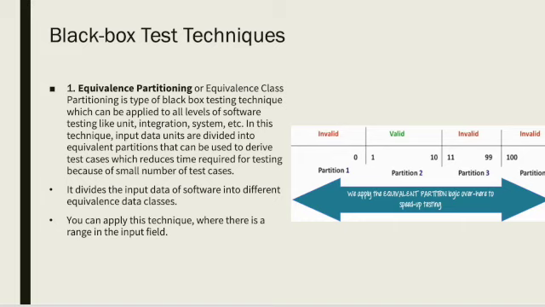You're partitioning your test case, particular test case, in such a way that you try to get valid values, that is test cases that will pass, and invalid values, the ones that will fail a particular test. All right. So it is a testing technique. That's what you should know.